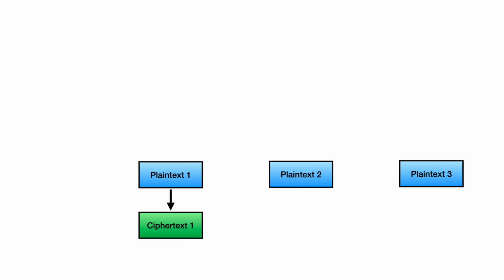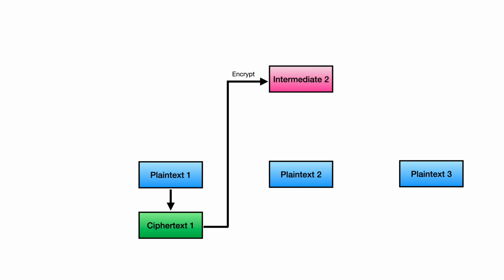Now, as the name suggests, cipher feedback mode, so the ciphertext 1 is going to be fed back in the block cipher. So, we will take this ciphertext 1 and encrypt it using our given block cipher, for example AES. So that block cipher will act and encrypt on this ciphertext 1 and form the intermediate 2.